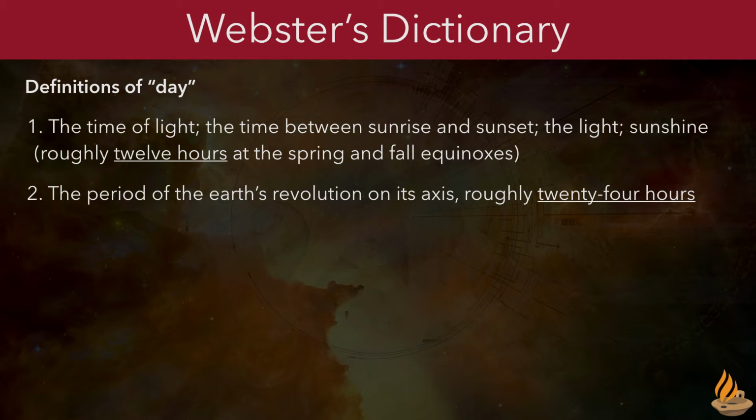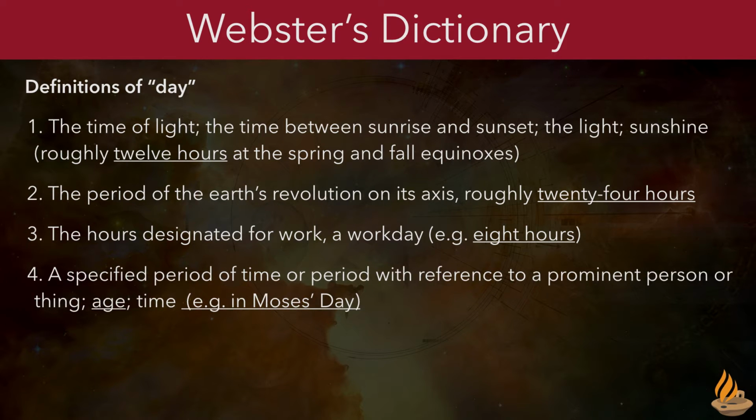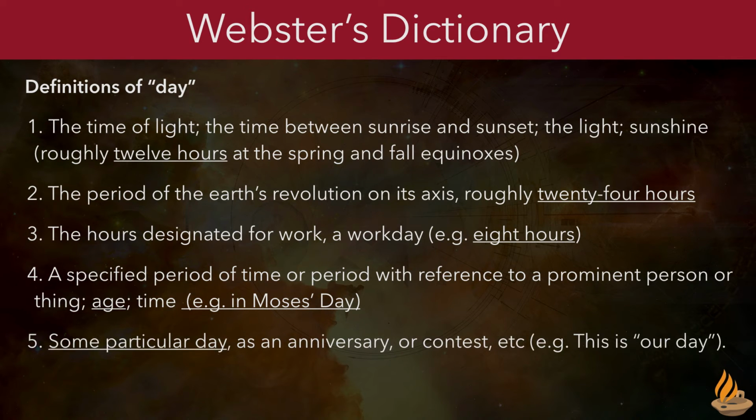Second, the period of the Earth's revolution on its axis, roughly 24 hours. Third, the hours designated for work, a workday, for example, 8 hours. Fourth, a specified period of time or period with reference to a prominent person or thing, an age, a time, for example, in Moses' day. Fifth, some particular day, as an anniversary or contest, etc. For example, this is our day.